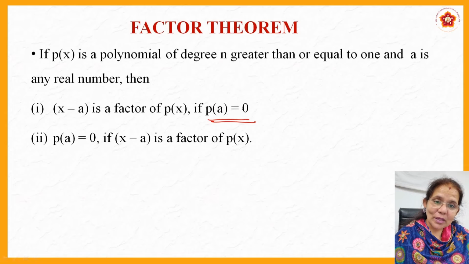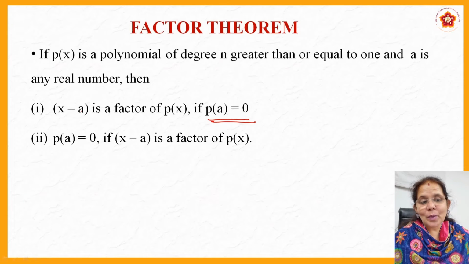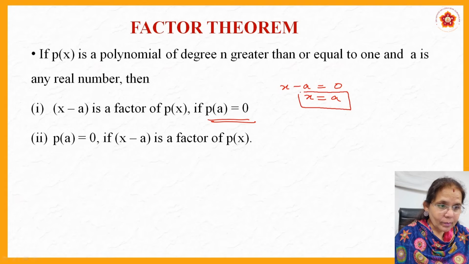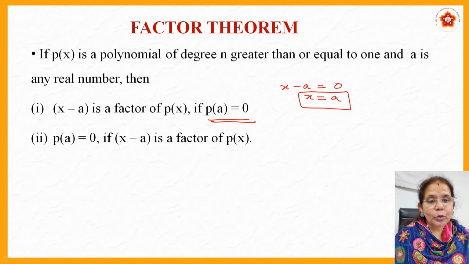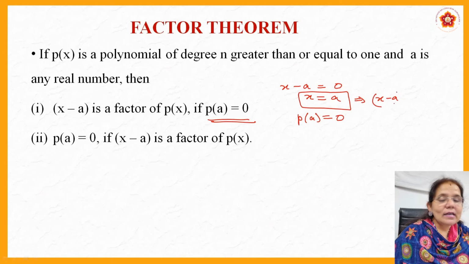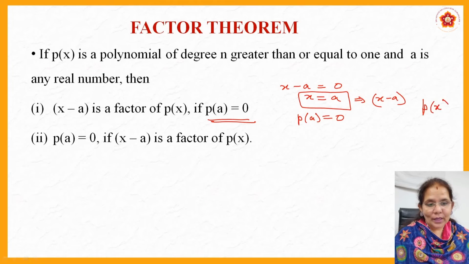If the remainder is coming 0, we will say x minus a is a factor of p(x). If you remember, x minus a, we would equate it to 0, x is equal to a. So if x is equal to a, when we put its value in p(x) and we get the remainder 0, then we will say that x minus a is a factor of the given polynomial.